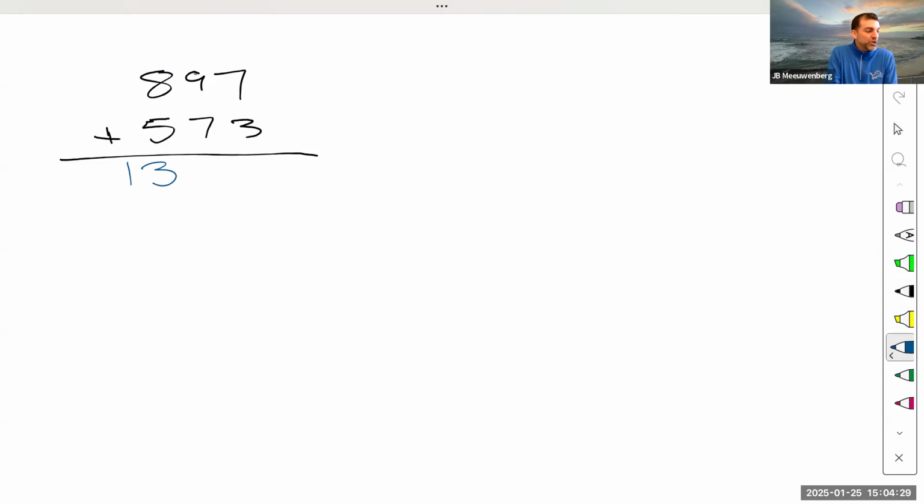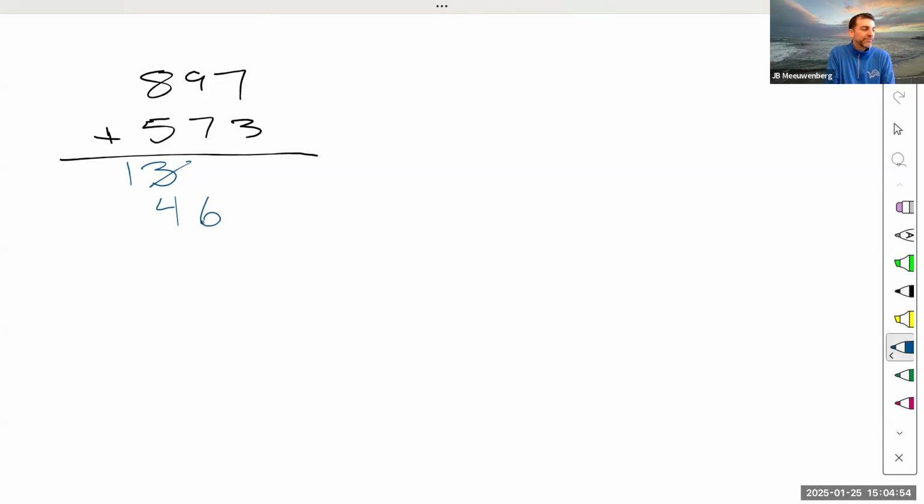And then maybe you add the 9 plus the 7 to get 16. Well, when you do that, we're going to immediately add the 1 to the 3 to get a 4 and have the 6, right? So you had 16, but rather than carrying it and adding it later, we're just going to do it right away.